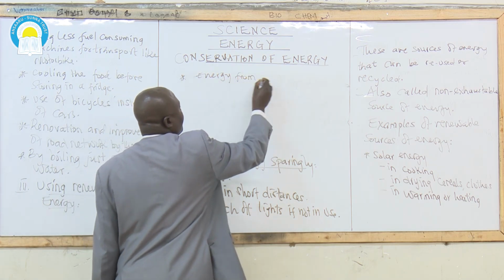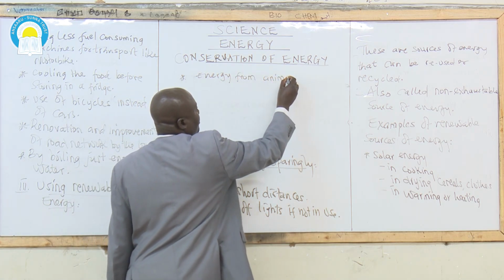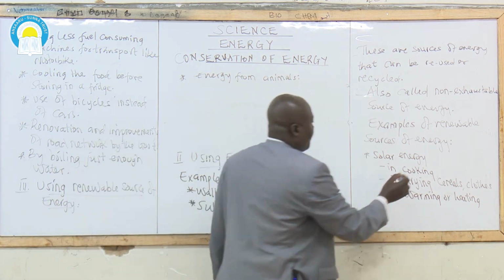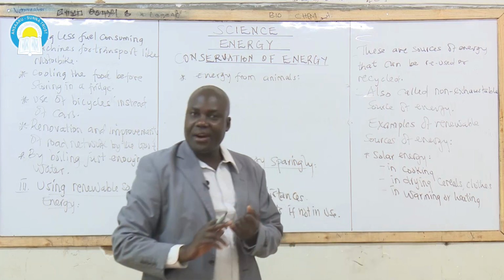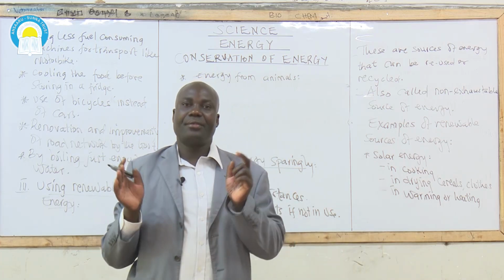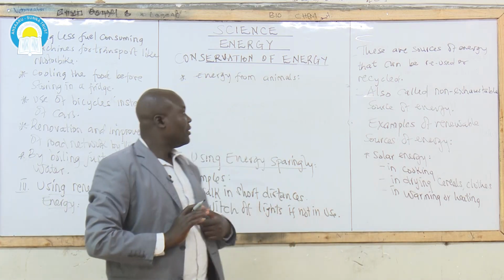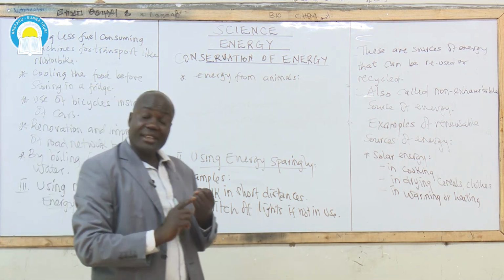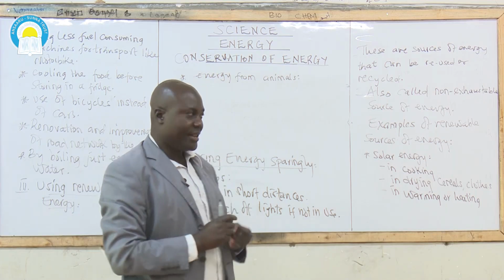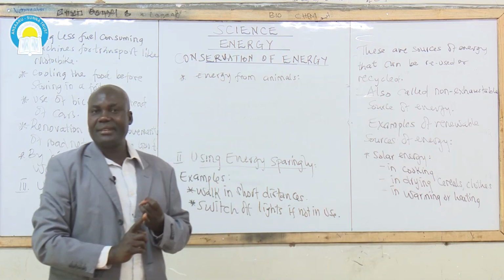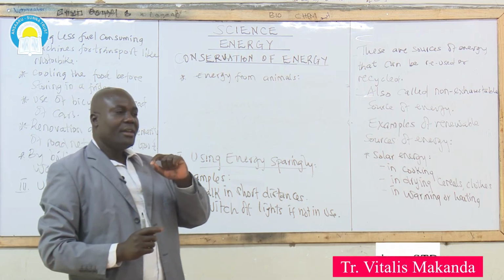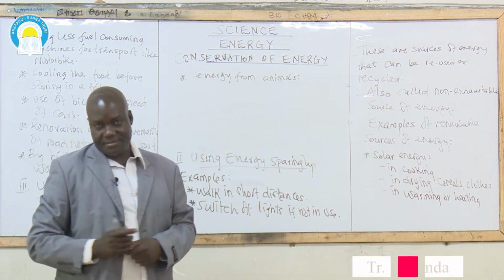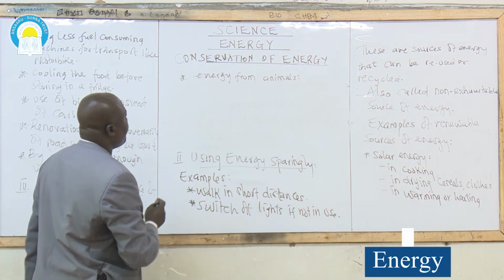When I talk of energy from animals here, I mean, for example, if you are using cow dung from a cow or from any animal, then that can be used to make two things. One, we can use cow dung to make what we call biogas. And instead of using natural fuel, we use biogas to save it. So that is another example.